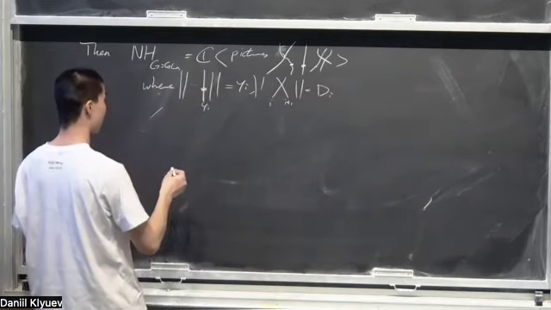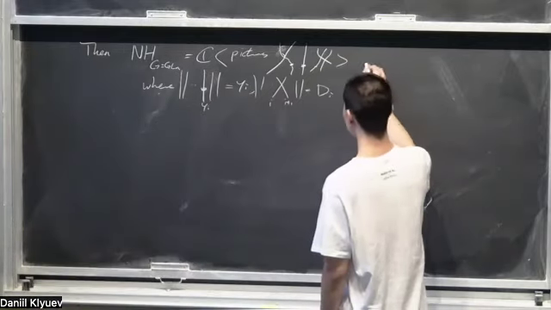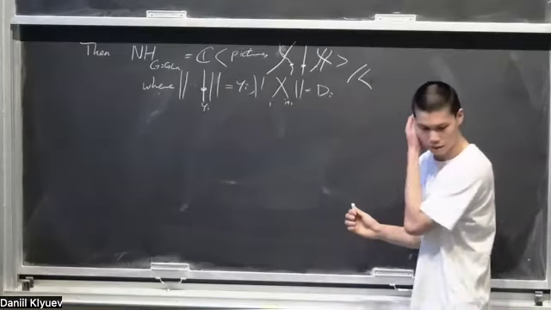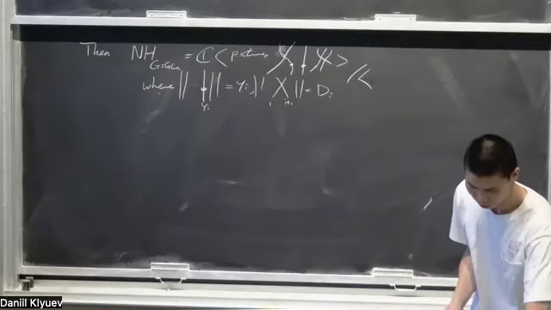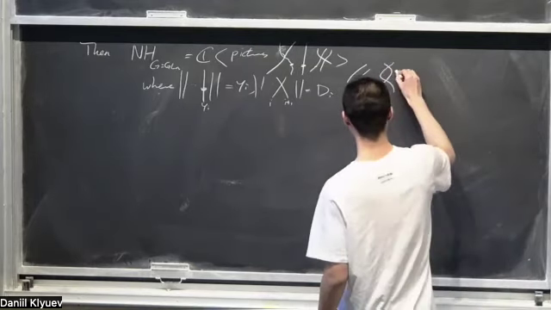So this is the module generated by these graphs mod relations that I don't remember off the top of my head, so I'm going to have to pull it up. Well, one of them is this equals 0.